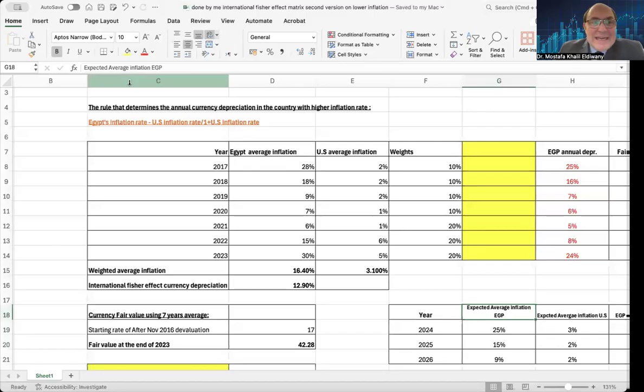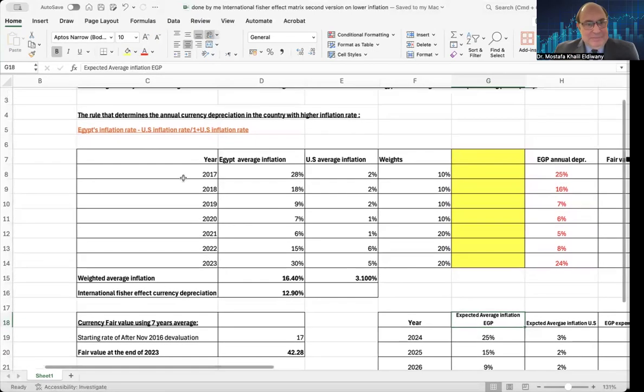We have a very important rule called the international Fisher effect. The international Fisher effect depends on something called relative purchasing power parity, which determines how much a currency should depreciate or lose value in front of another currency based on the expected inflation of each economy.